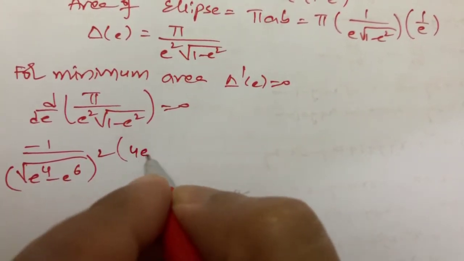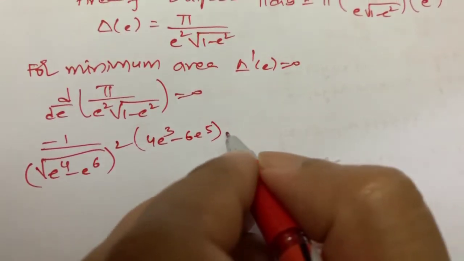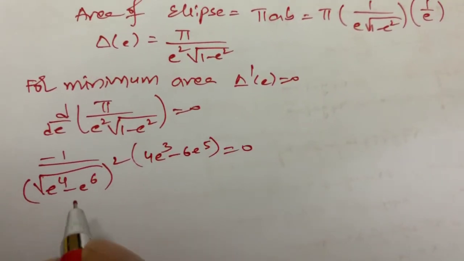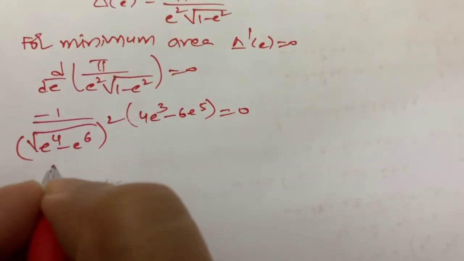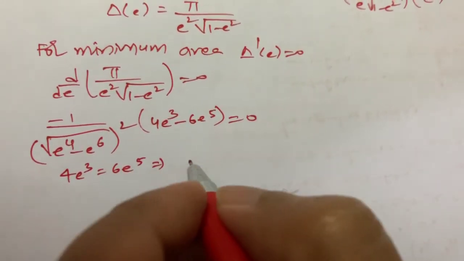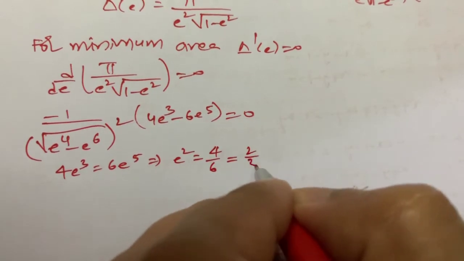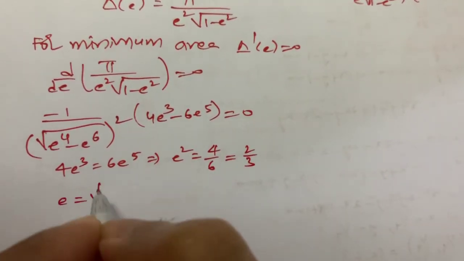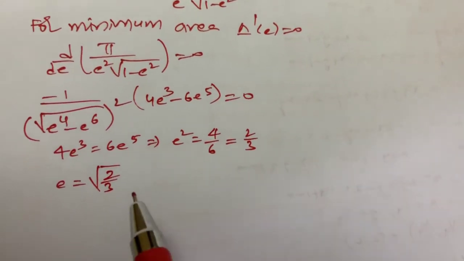So the differentiation of this is 4e³ − 6e⁵ = 0. So the denominator should not be 0. So only the numerator should be 0. So 4e³ is equal to 6e⁵. So e² is equal to 4/6, which is equal to 2/3. So eccentricity is √(2/3), because the negative value is not acceptable.